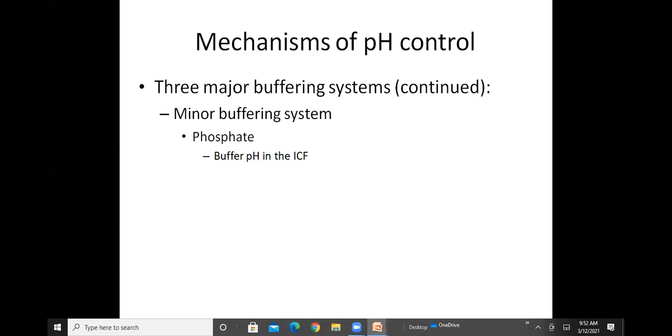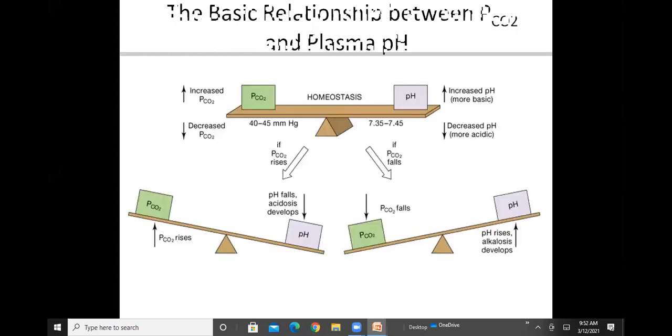The phosphate is part of the backbone of our nucleic acids. So we have a lot of nucleic acids in living organisms. Now, their phosphate group, the phosphoric acids there, also tend to help buffer pH in the intracellular fluid.